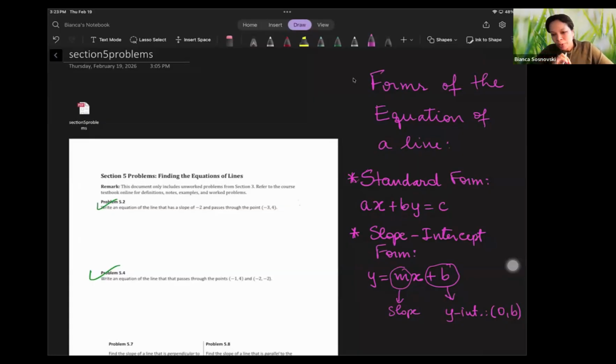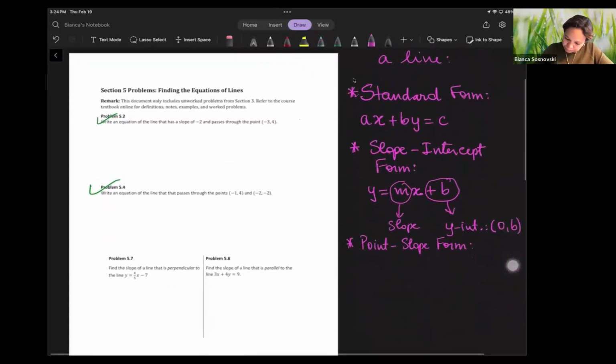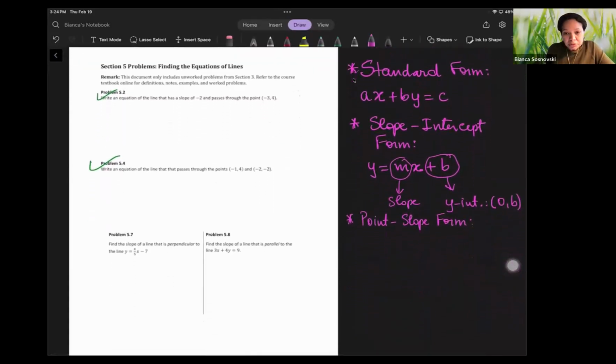We primarily, to write the equations, are going to be using this form, but this is not the only way, okay? The other form is the point-slope form. For the point-slope form, given that we have the slope and a point with any coordinates, could be (x0, y0), they are numbers, right? (x1, y1), whatever that is.